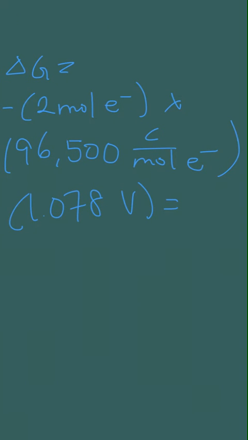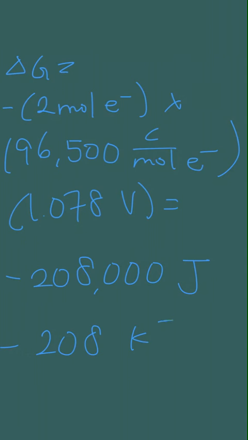So, plugging in all the information we know, the free energy change, or delta G, for this particular cell is negative 2 moles of electrons times 96,500 coulombs per mole electron times 1.078 or E cell, and we get that the free energy change is negative 2.08 thousand joules or negative 208 kilojoules.